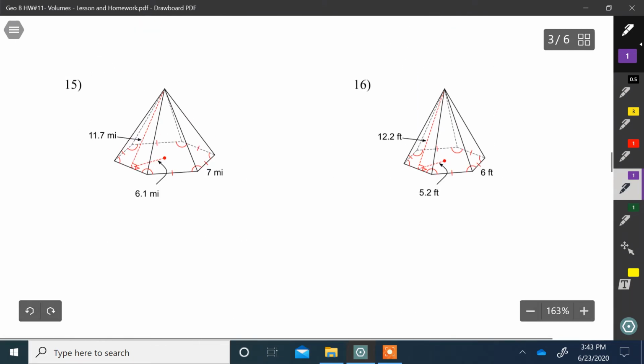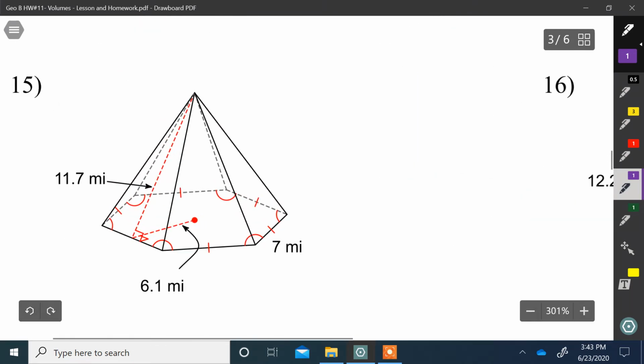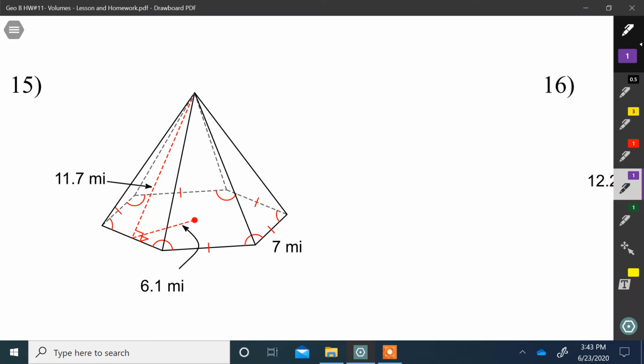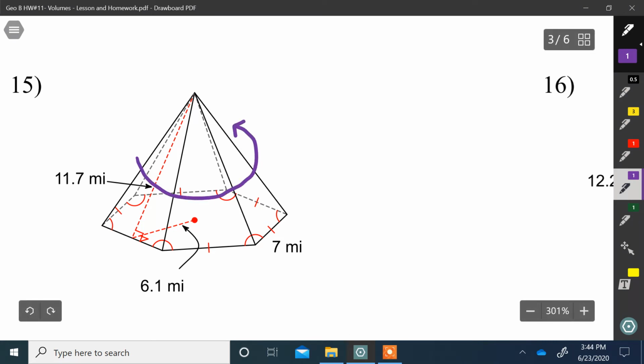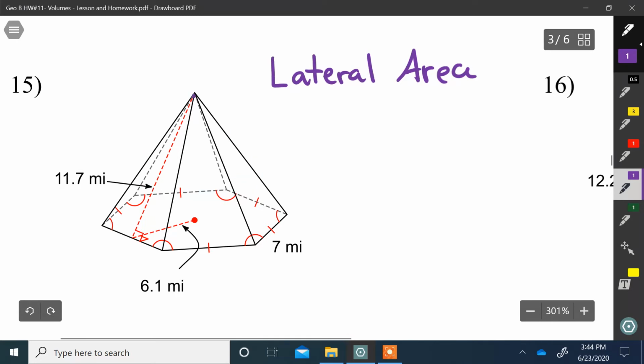Alright. How about this one here? Again, guys, the only thing that we care about is the area of the surrounding right here. We don't care about the bottom anymore because we're talking about lateral area. So the lateral area for this one is actually pretty simple, because let's find the area of one triangle there.